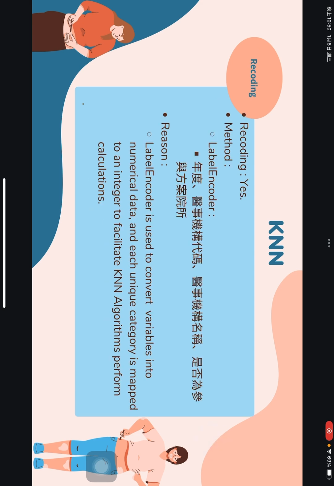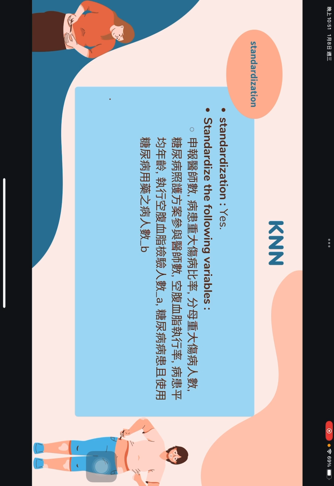And I recoded variables with label encoder. The reason is label encoder is used to convert variables into numerical data, and each unique category is mapped to an integer to facilitate KNN algorithm perform calculations.